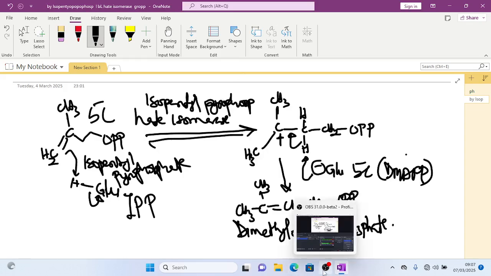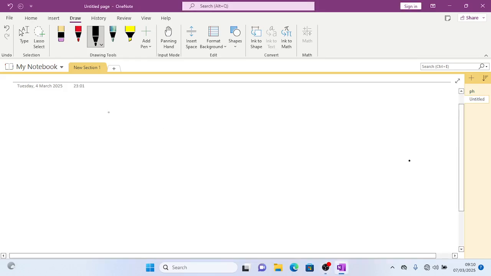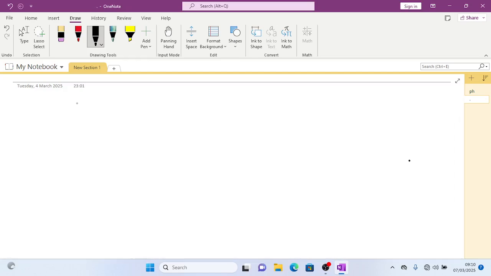So let me pause this so as to erase. Okay, so we want to form our GPP, geranyl pyrophosphate, and the two substrates that are involved here are IPP and DMAPP. So this is IPP.